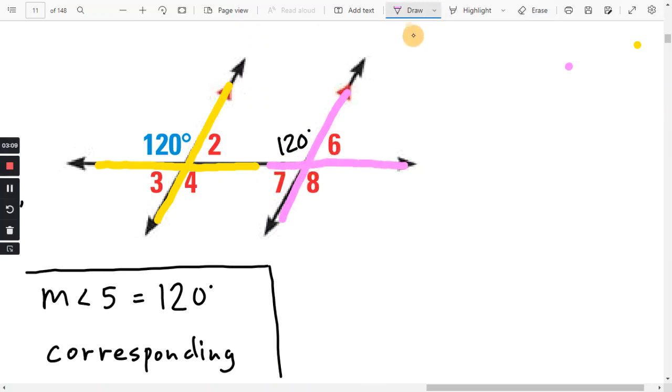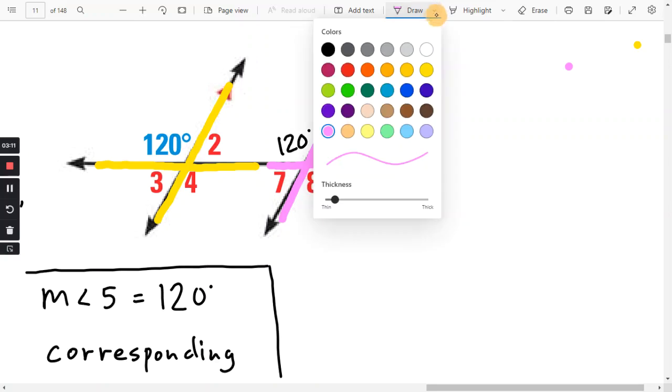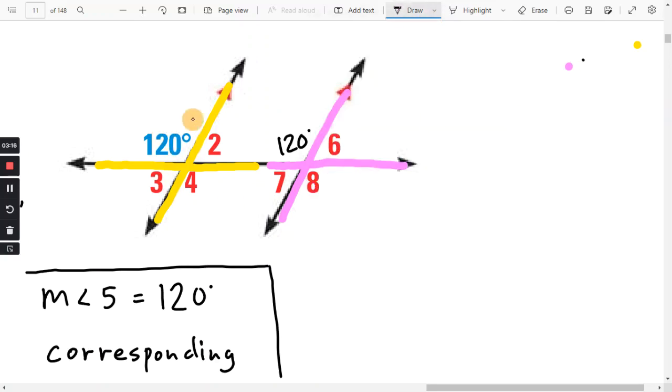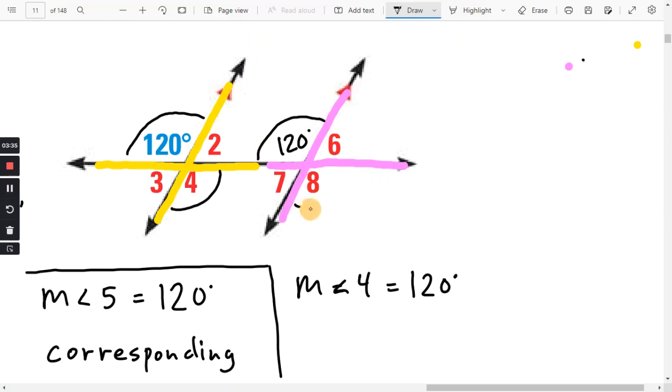So if you recall, the angles across from each other are vertical angles. All right, so if this one here is 120, angle 4 is going to be 120. Okay, the measure of angle 4 equals 120. And on the other X, if this is 120, then this one is 120.